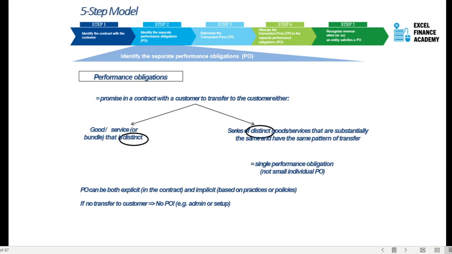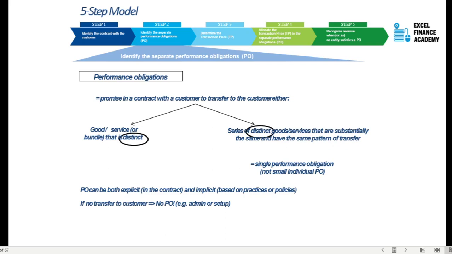It has to be transferred, either goods or services. It has to be distinct, and it can be explicit or implicit, meaning defined in the policy or specifically agreed in the contract.